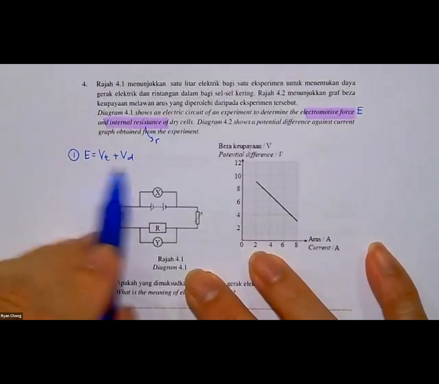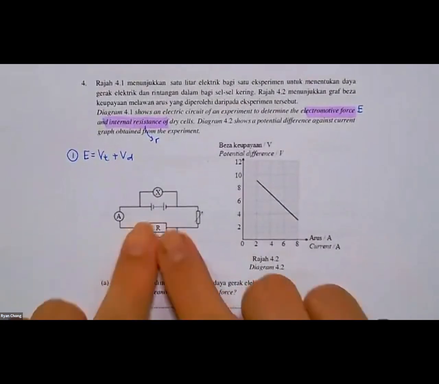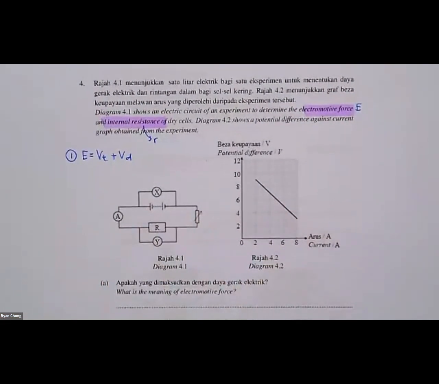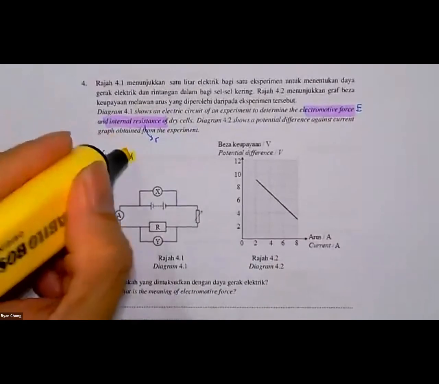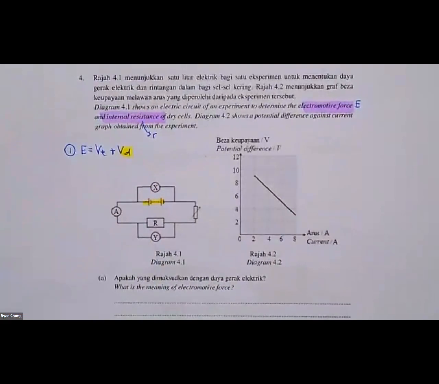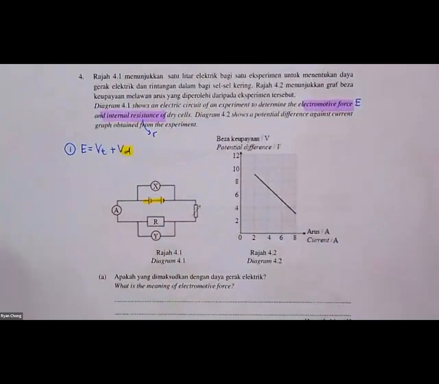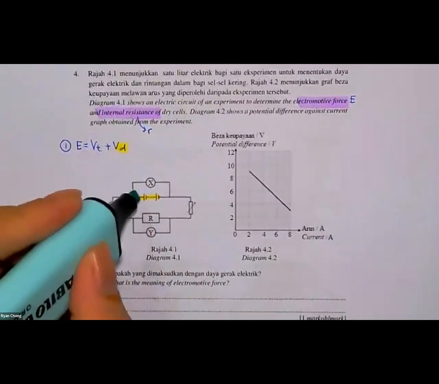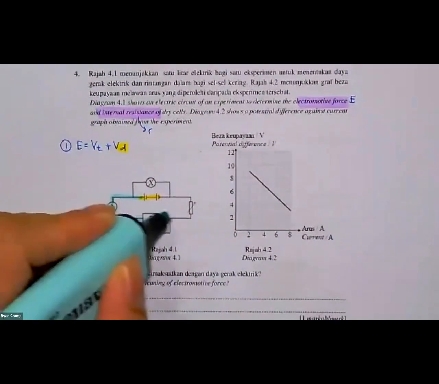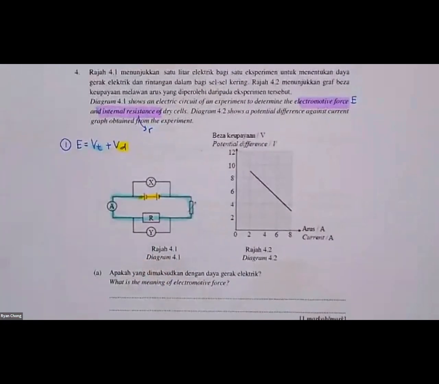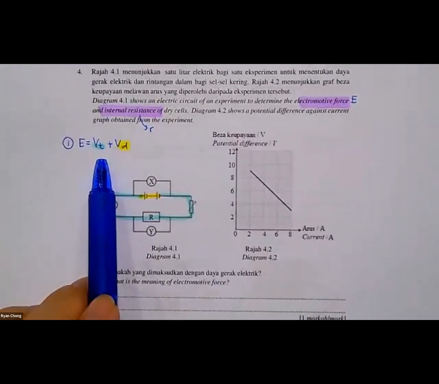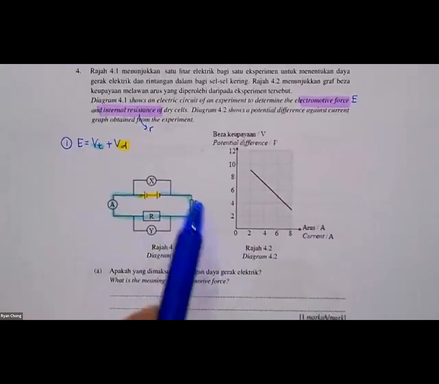What are VT and VD? Like this, this is the battery. The battery has the drop voltage within the battery. This is the drop voltage. While the outside, other than the battery, is your terminal voltage. So EMF refers to your total voltage, outside plus inside.